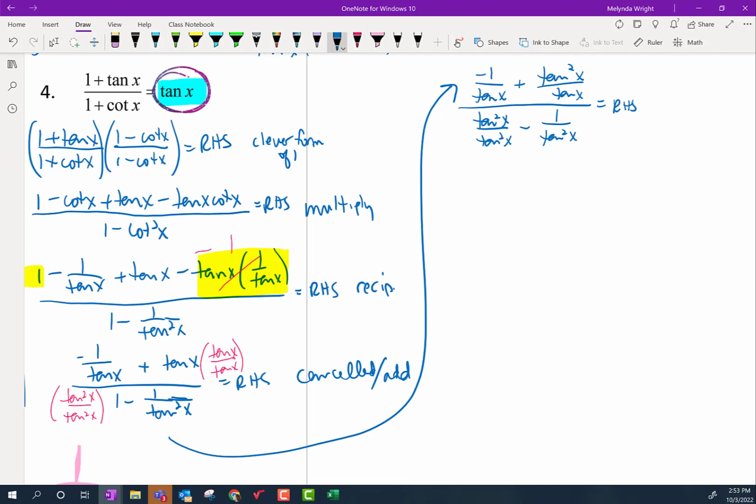And here I could say multiply by 1, or I could say common denominator. I'm going to say common denominator because that seems to make more sense to what I'm doing. Now I'm going to add them together. So at the top, you see I have negative 1 plus tangent squared. I'm just going to rewrite it to tangent squared minus 1 just because that's what I want to do. You don't have to.